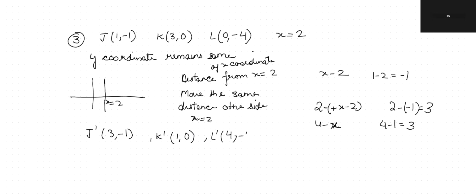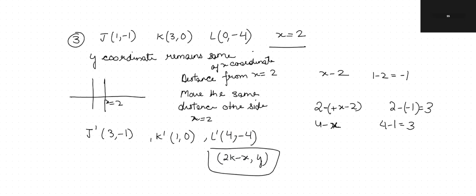Or we can also generalize the formula, which is 2k minus x, whatever we have got here. So the generalized formula for reflection across x equals k is (2k minus x, y).